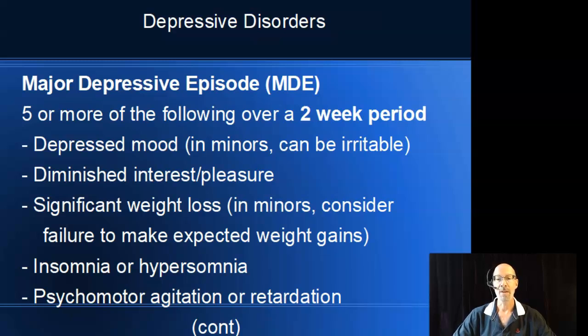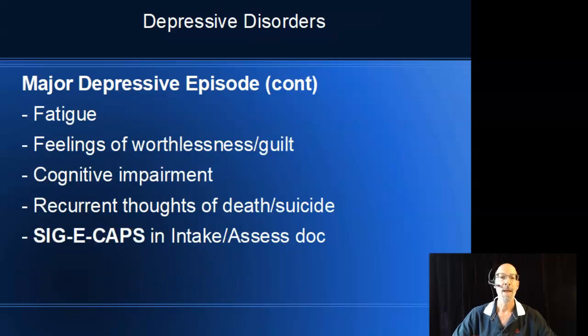Diminished interest and pleasure, significant weight loss (in minors, consider failure to meet expected weight gains), insomnia or hypersomnia, psychomotor agitation or retardation, fatigue, feelings of worthlessness or guilt, cognitive impairment, recurrent thoughts of death or suicide, and again a common mnemonic, SIG E CAPS, found in the study document we keep referring to.